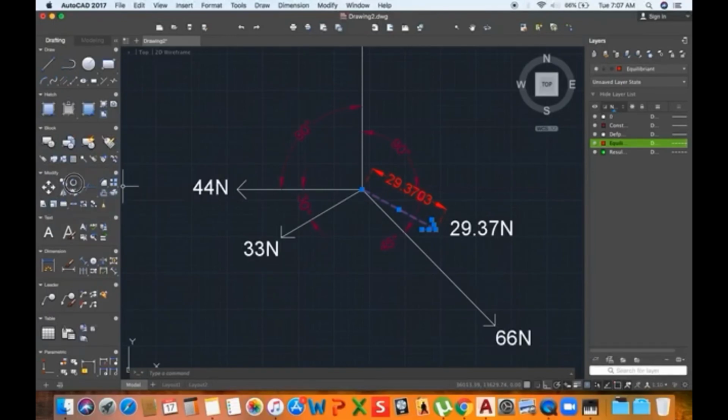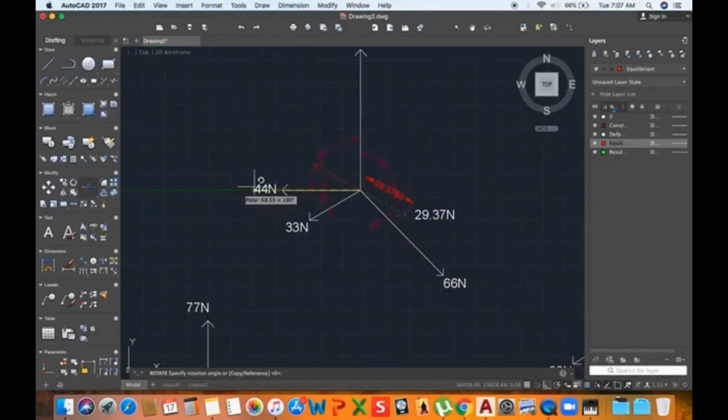I'm going to rotate, but I'm going to rotate 180 degrees. So you can click the rotate command and type 180. By default, AutoCAD is set to recognize a positive direction in an anti-clockwise motion.